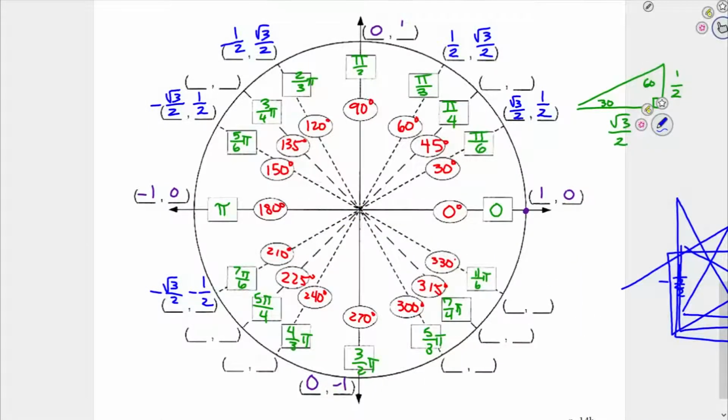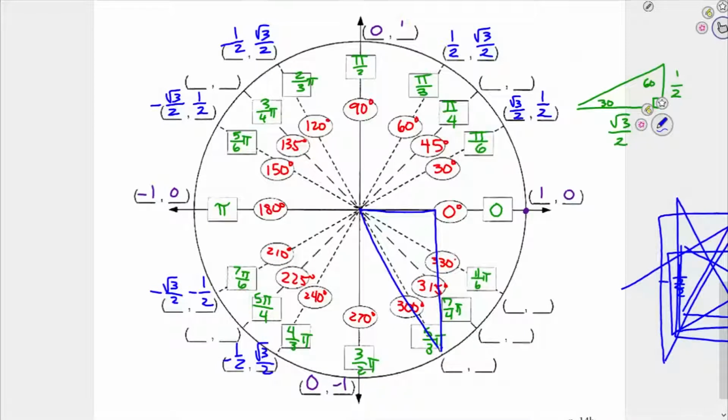And then, let's go to this one. This is a 30, 60, 90. I'm going to go negative the short leg, negative 1/2 in the x direction, and then negative the long leg in the y direction, root 3 over 2. Then I'm over here, just walking my way around the circle.